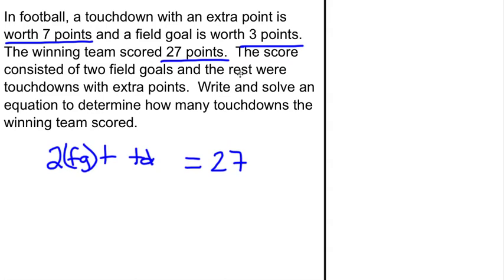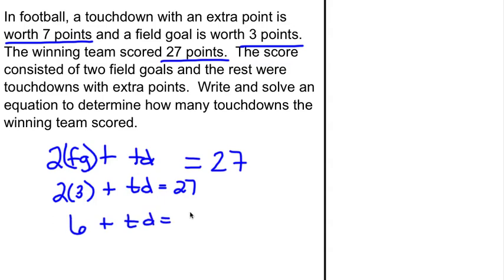I know that a field goal is 3 points, so 2 times 3 plus the touchdowns equal 27. And I know that this would be 6 plus the touchdowns equals 27. And I know my touchdowns are 7, but I don't know how many there are. So I know 6 plus 7 points per touchdown equals 27. And now I have an equation that I can solve.